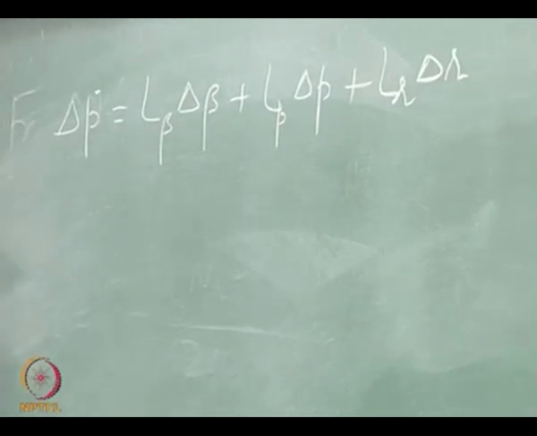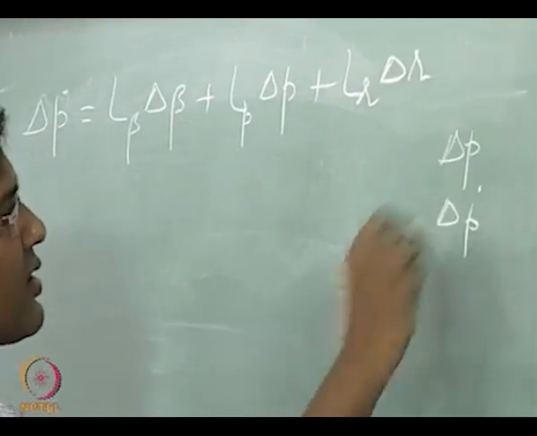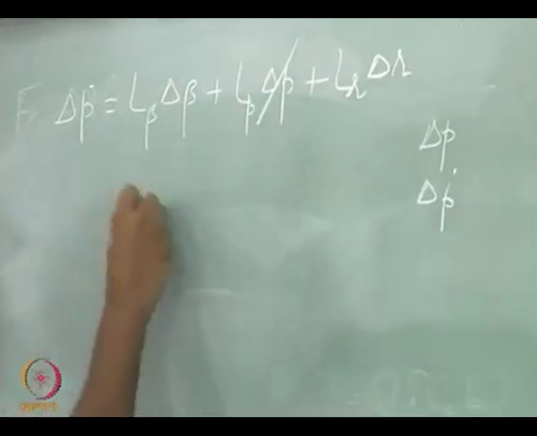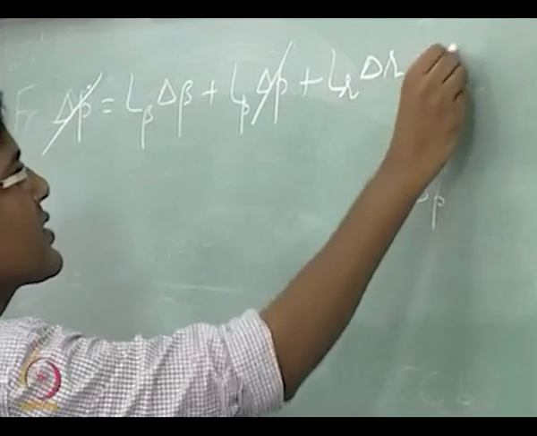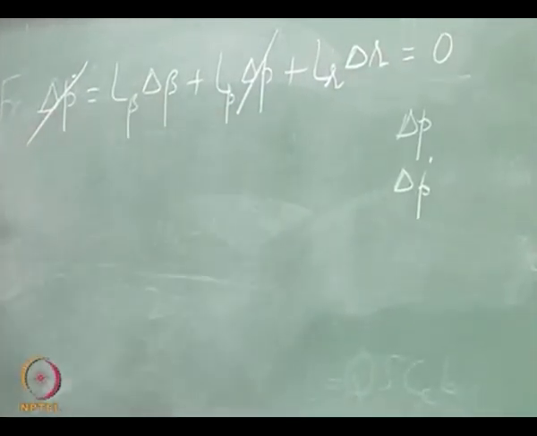So, I can set this delta p, or the derivative of this delta p dot, to 0, right. It is a steady change in bank angle. So, you can set these two parameters to 0 and it gives you this.